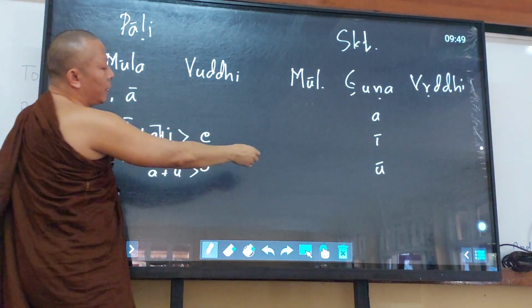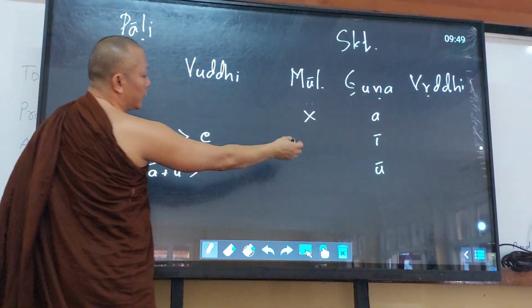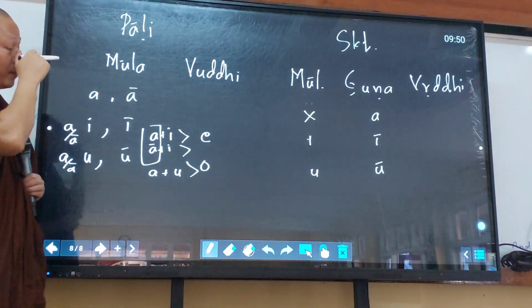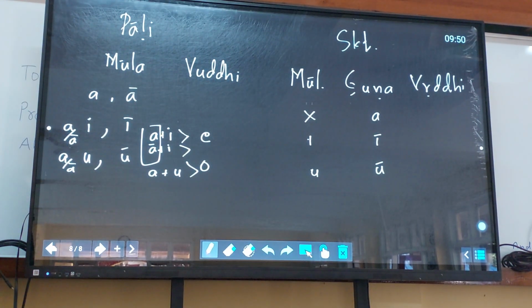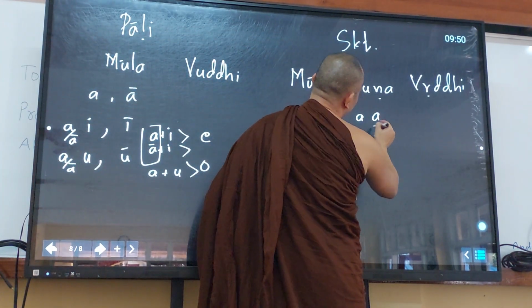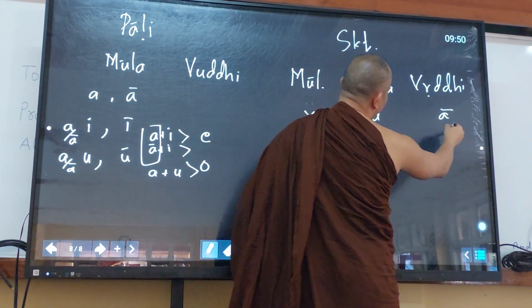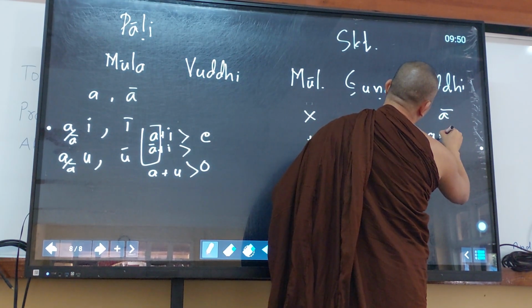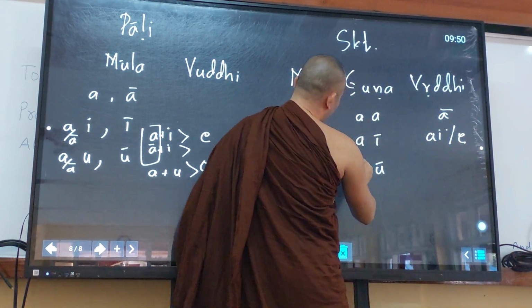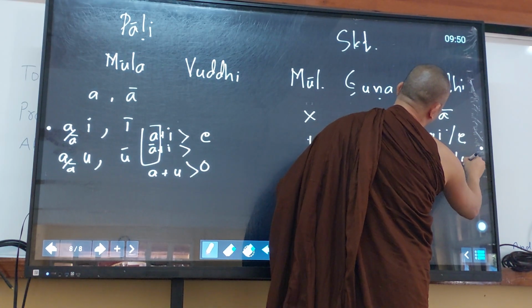So for the mula here, only zero grade, we don't have r. But the i and the u in this way. And to become the word root, at that time, one more r is added. That is why here, the word root is r. So here, one more r is added. So here, i and e.